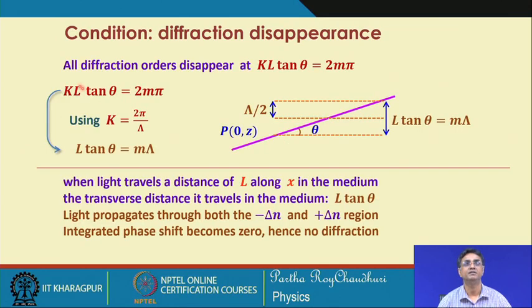To understand physically, we note that this k L tan theta equal to 0, that is L tan theta equal to m into lambda, with k equal to twice pi by lambda.